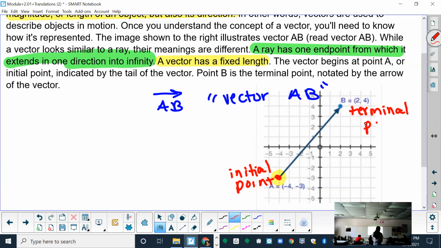So it doesn't go on infinitely. It does end at the terminal. So B would be your terminal point. It's just showing you the direction that it is going from A to B. Questions about that? So that would be a good quiz question, the difference between a vector and a ray.